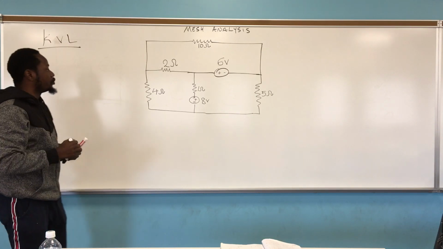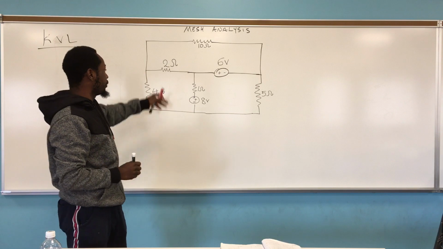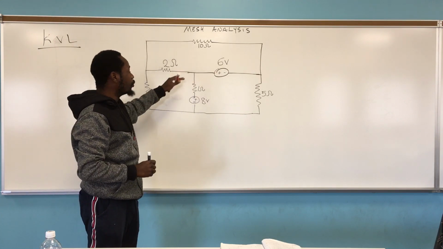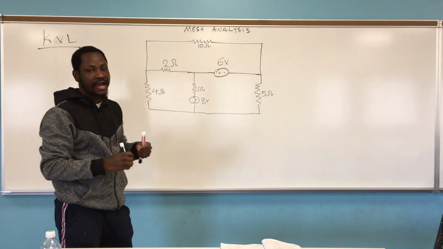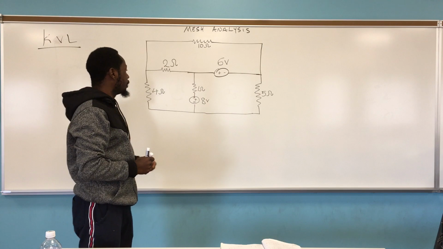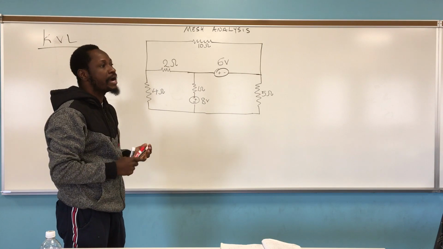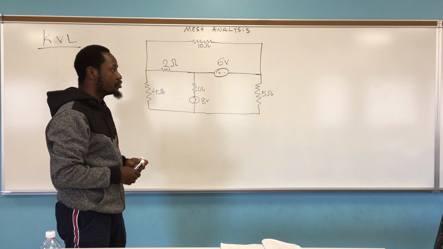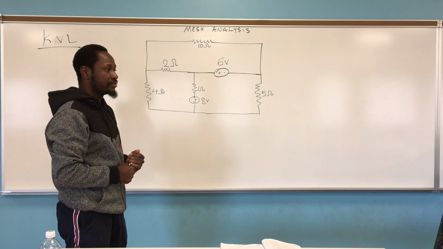What we'll be doing is just using KVL on the loops we have, with mesh currents assigned to each of these loops, 1, 2, 3. It is the same as the regular KVL, Kirchhoff's voltage law, you are used to applying on circuits.